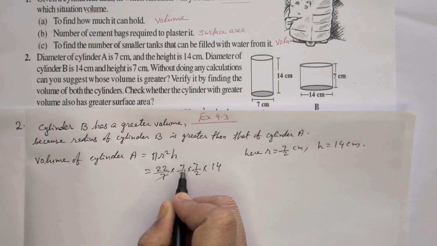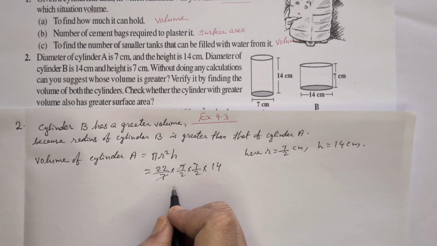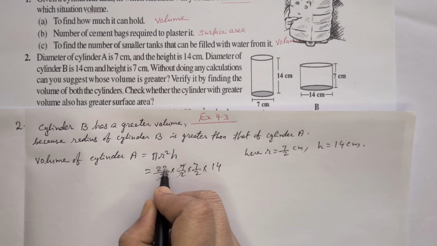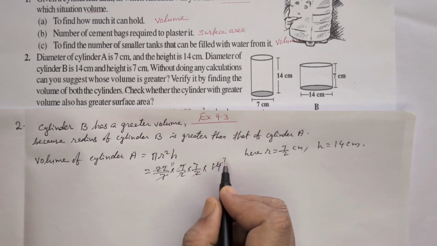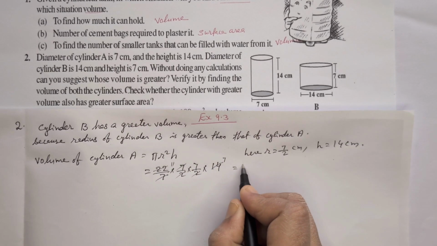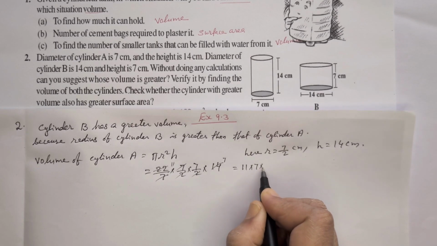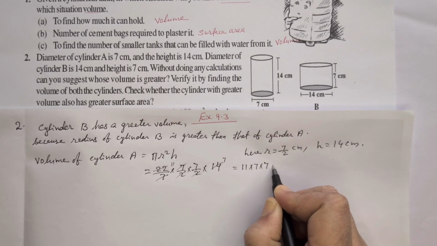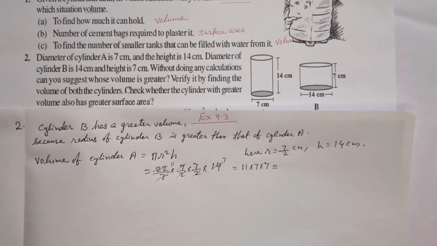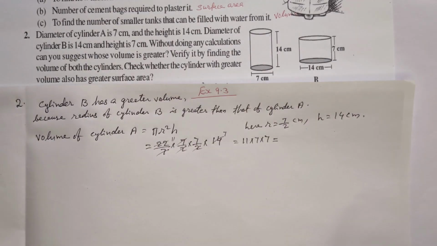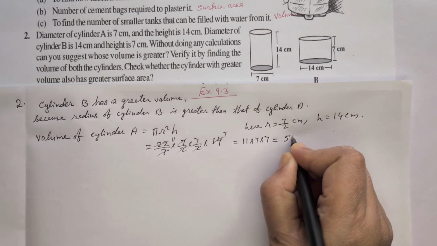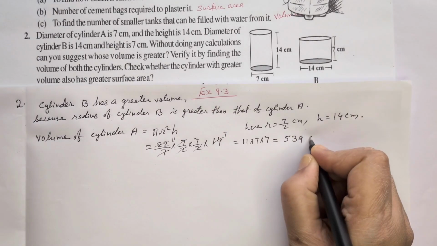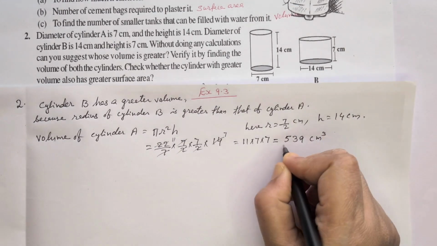Now we can cancel, 7 divided by 7, 1, 2 and 22, here 11, here 7. So we are getting 11 into 7 into 7, which is equal to 539. Volume unit is centimeter cube.